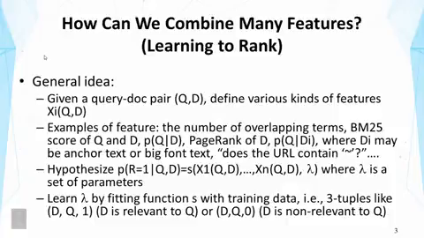The question is, of course, how can we combine them? In this approach, we simply hypothesize that the probability that this document is relevant to this query is a function of all these features. So we can hypothesize that the probability of relevance is related to these features through a particular form of the function that has some parameters.